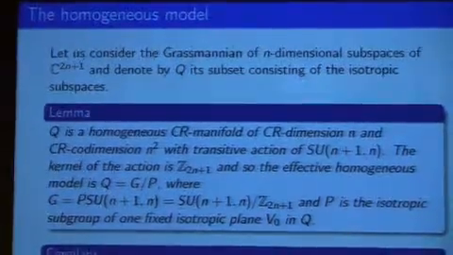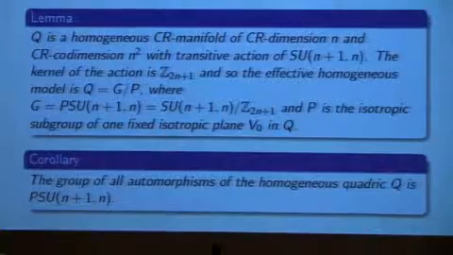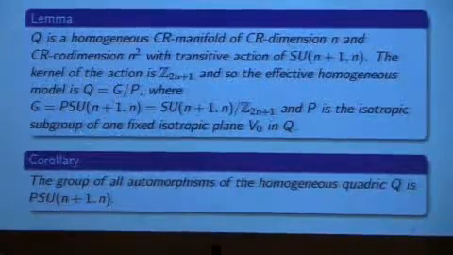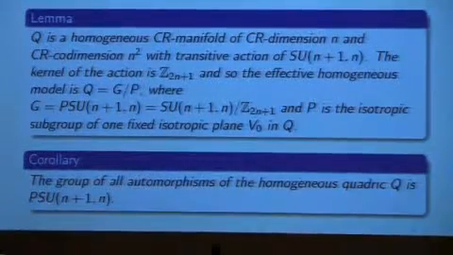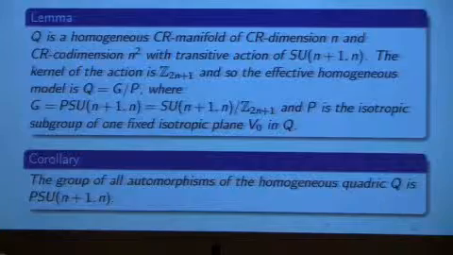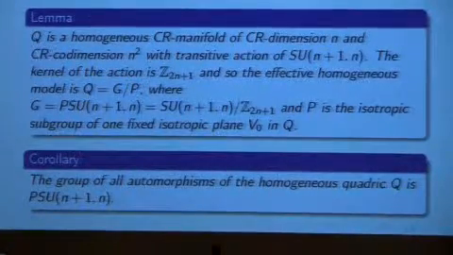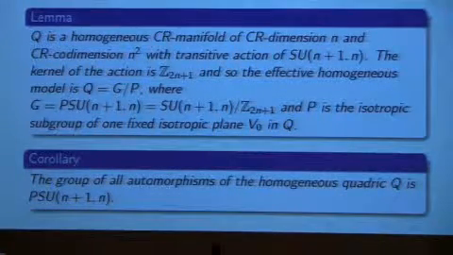Take the isotropic planes and the isotropic subgroup of one of them, and you take the homogeneous space. And of course, then, this is what you get. This is just the choice of the homogeneous model.